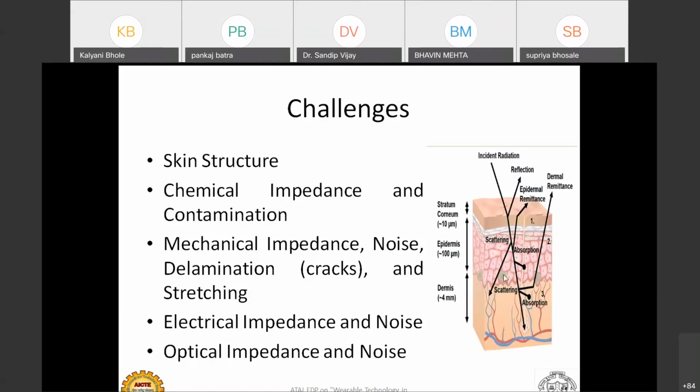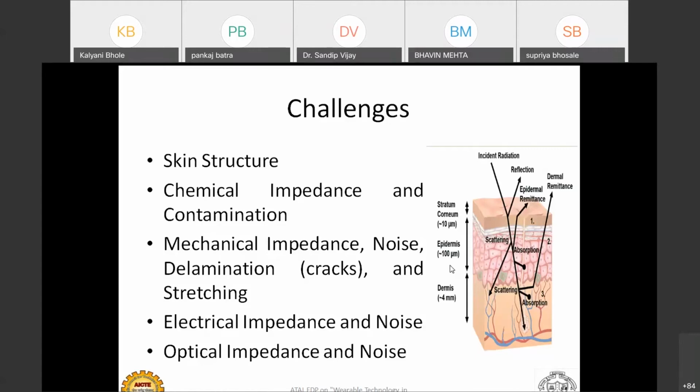The structure of the skin is such that it has its own impedance. If we use some optical signal, it will have its own impedance. If we want to extract some electrical signal, the skin will have its own impedance. That impedance is of different types. We may call it chemical impedance, or contamination.